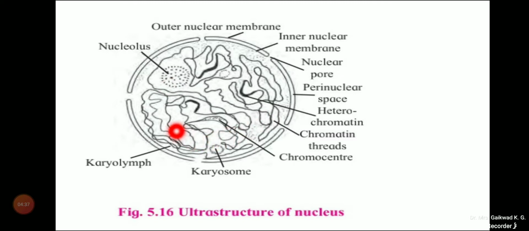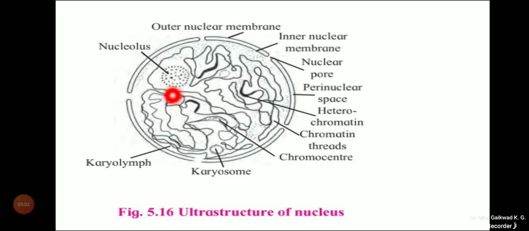This is the chromatin network, and this is the nucleolus. Nucleolus is another component of the nucleus which is not bound by a membrane. There is no cell membrane or cell wall present around this nucleolus.